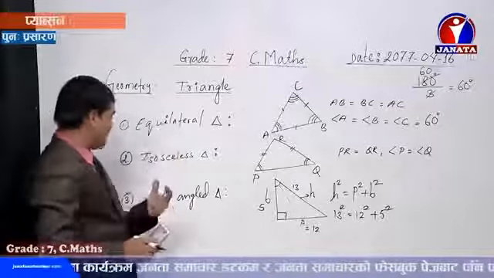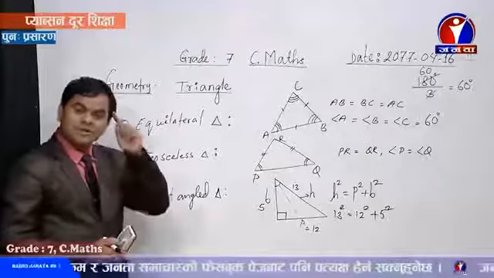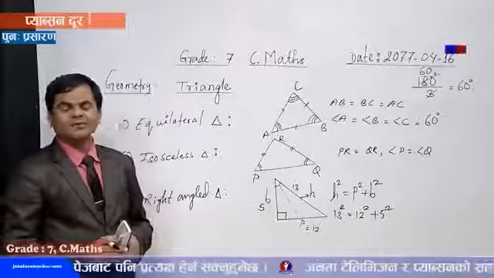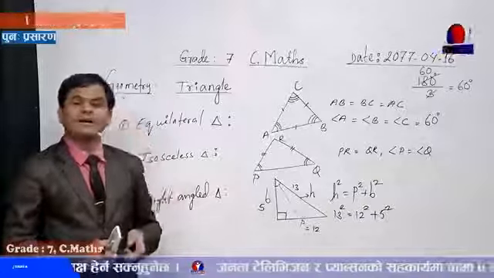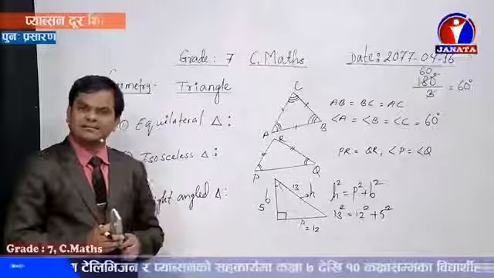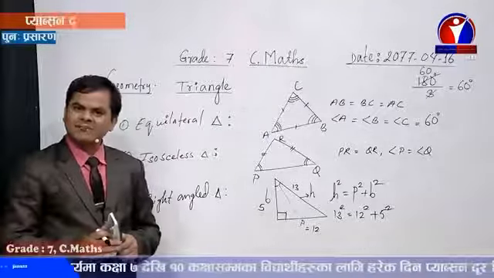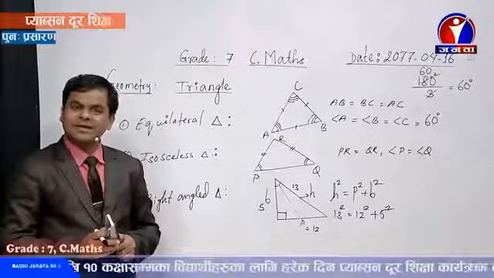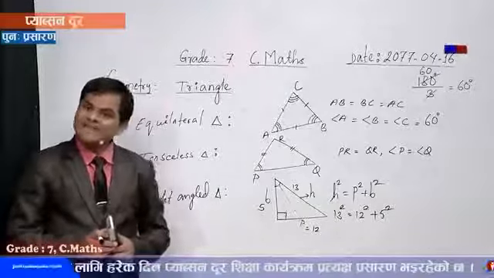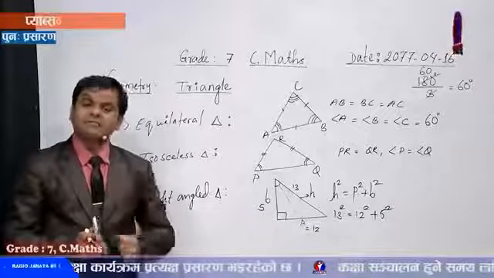Equilateral triangle we have defined, isosceles triangle as well. Now you need to know what you mean by equilateral triangle. If somebody asks about an equilateral triangle, visualize in your mind that a triangle having all sides and all angles equal to each other is known as the equilateral triangle. Similarly, in an isosceles triangle, two sides are equal, and the angles opposite to those two sides are equal to each other.